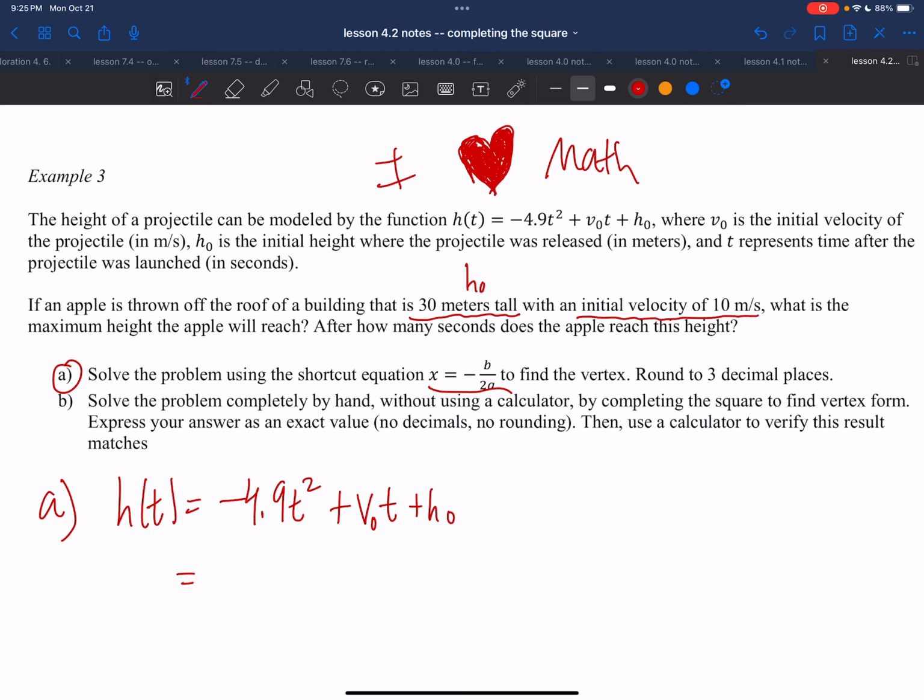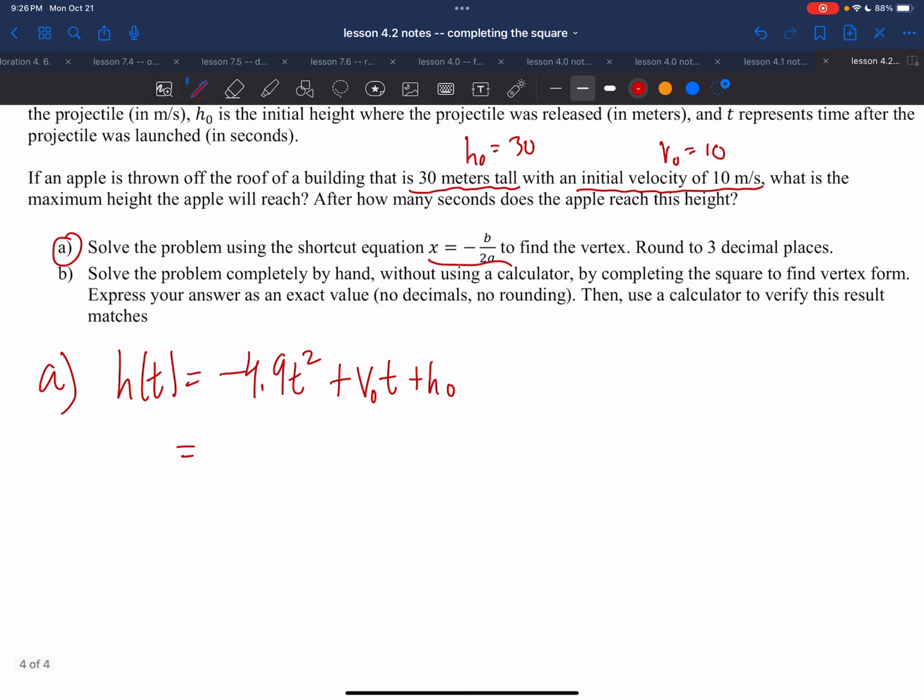Initial velocity is 10 meters per second, so that's v naught. So h naught is 30, and v naught is 10. My equation is negative 4.9 t squared plus 10t plus 30. Yeah? That is my equation.